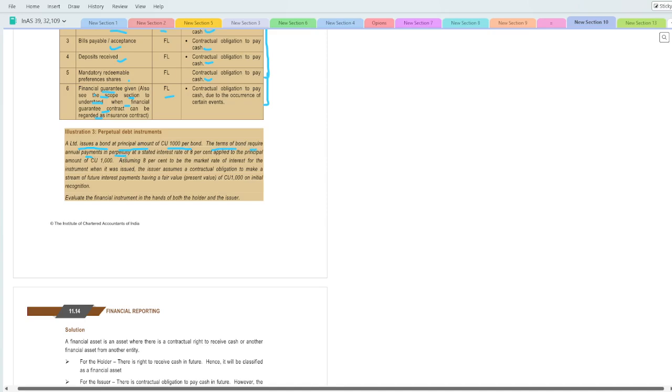In perpetuity means you are not having any maturity, at a stated interest rate of 8% applied to the principal amount of CU 1,000. So that means the interest amount is equal to 1,000 into 8%, which comes to 80. CU is a currency. And this is also per annum, it is mentioned in perpetuity, applied to the principal amount of CU 1,000.